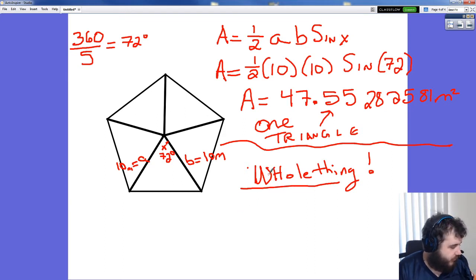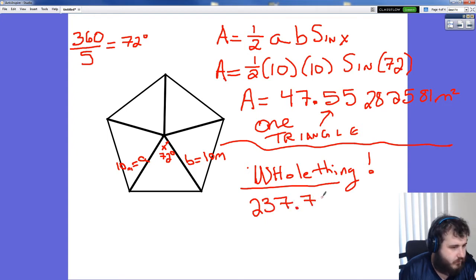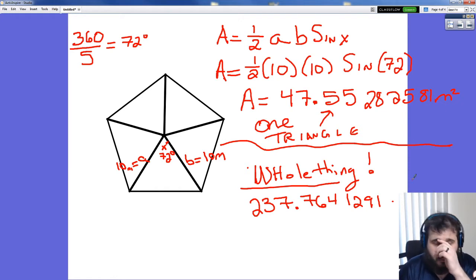And I've already got the number saved in my calculator. So one of them is 47.55 something, and I want all 5 of them. So I'm going to multiply by 5, and I get 237.764129, and that number keeps on going as you go through.